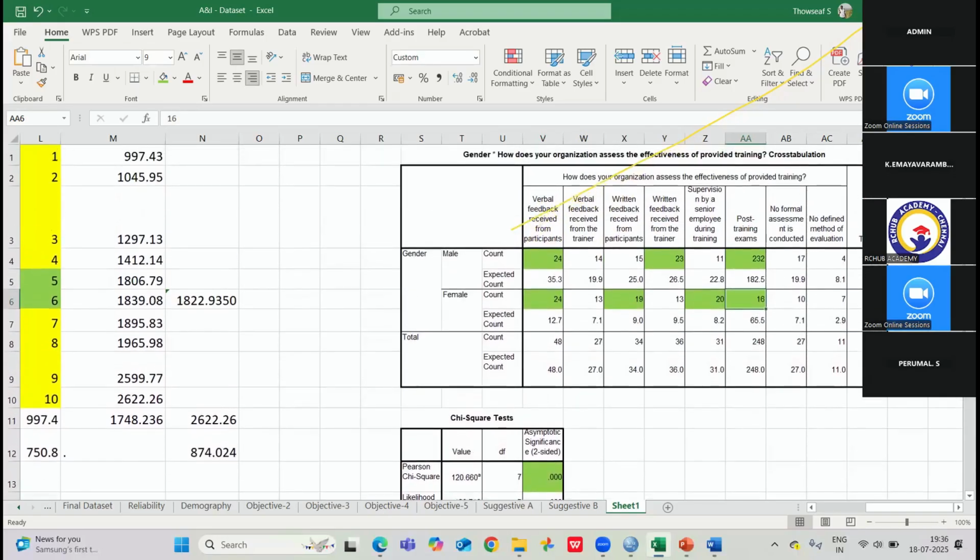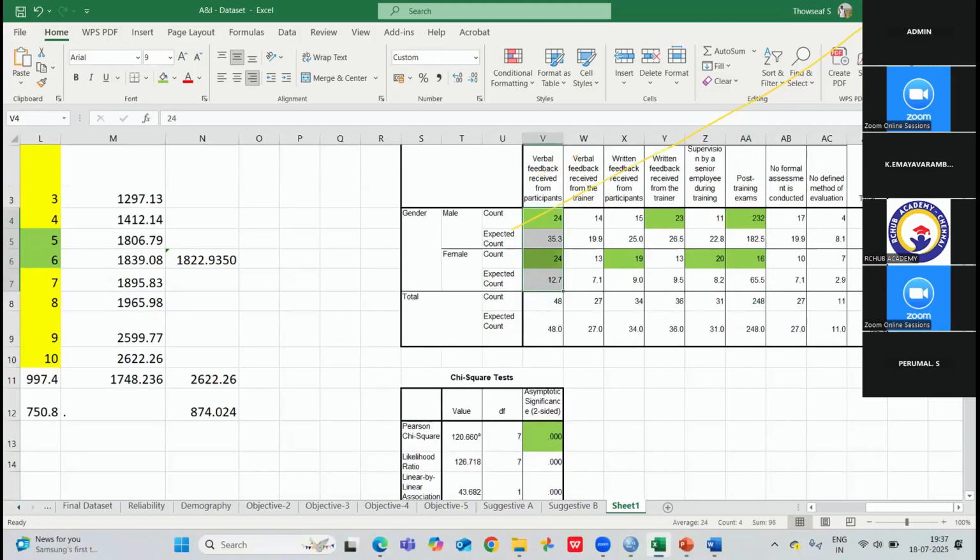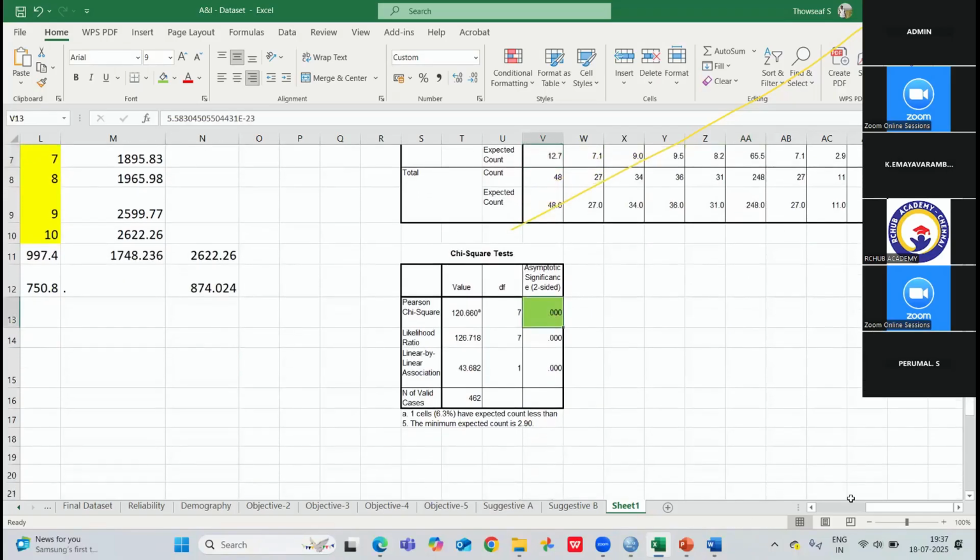But more, if we take a close look at the cross tabulation, we can say that male predominantly prefers post-training exams, whereas female predominantly prefers verbal feedback from the participants, followed by supervision by the senior employee during the training program. So the second option is almost common for both of them. That's why we are getting the value 0.000.